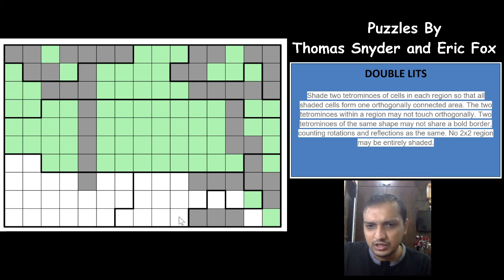So it will have to use this cell to get connected again further, and it will either use this cell or this cell to get connected further.